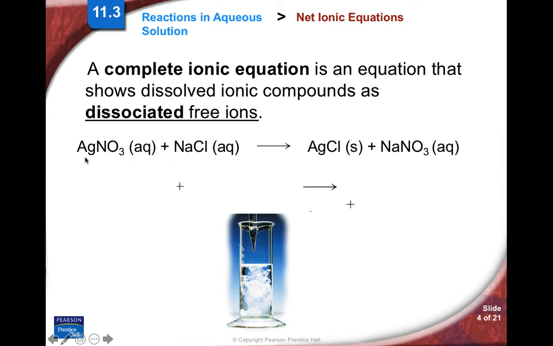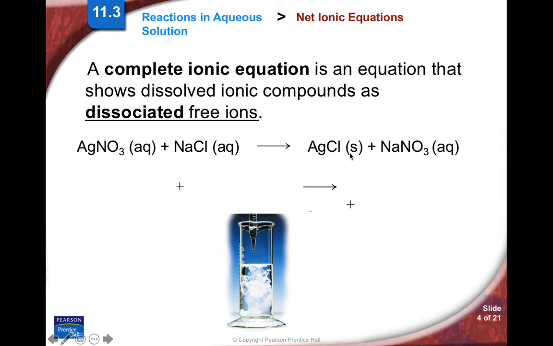And so these two compounds, when you put them into water, break apart into ions. Then those ions have a chance, this is the innies and outies thing, the positives from one can go with the negative of another. The positive silver can go with the negative chlorine and can form new compounds.